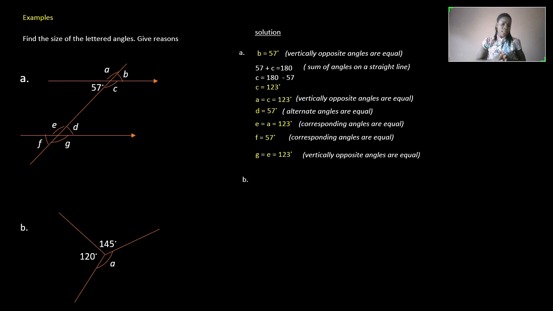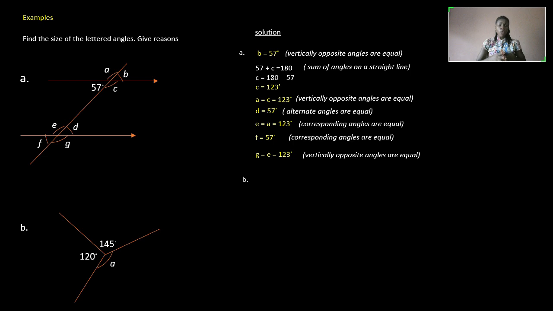If you watch the next example we have, it is a point. We are using sum of angles at a point. And on that point, we have angle A, which is the unknown angle that we are to find. We also have angle 145. And we also have angle 120. Okay?